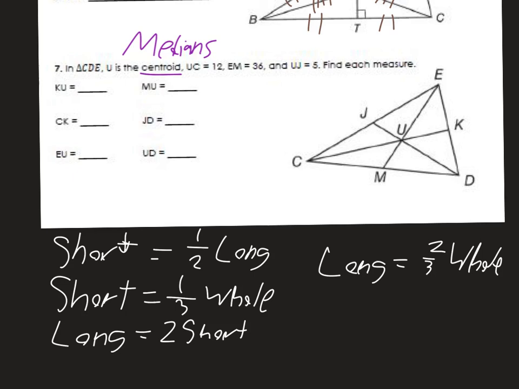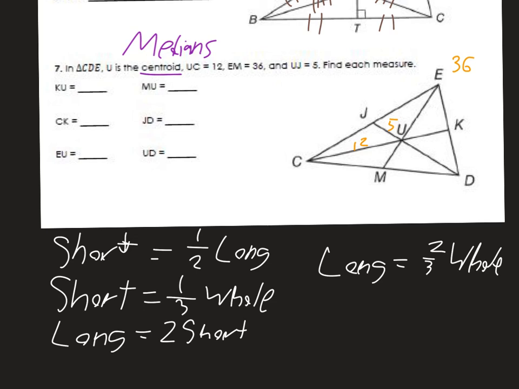Let's work our problems. UC is 12. So UC, measurement of 12. EM is 36. UJ is 5. So from this, we're going to work the rest of our problems. First up, KU. KU looks like a short segment. We have the long segment.